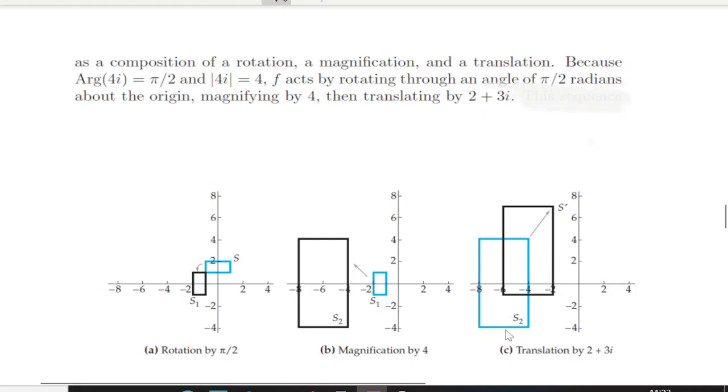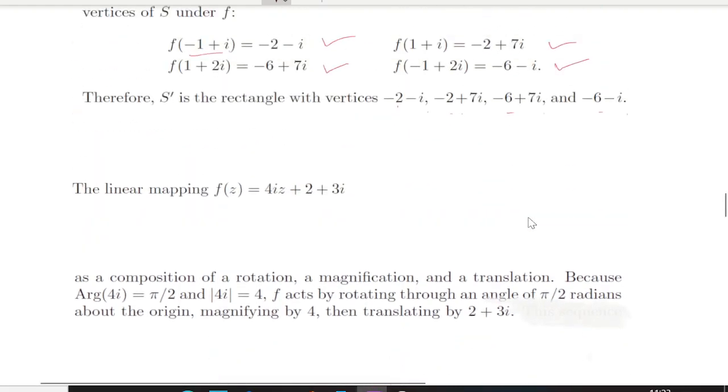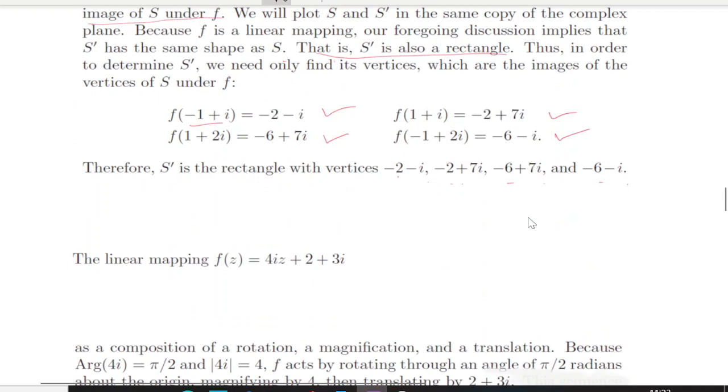Okay, so let us see step by step what are the operations we have performed. In the linear mapping f of z, our problem is solved here, that is the rectangle with these vertices is going to be the image. Now further we are splitting this into rotation, translation and magnification. How can we split this up?